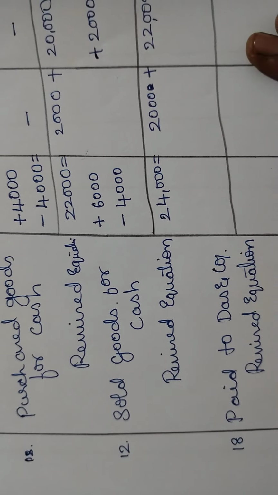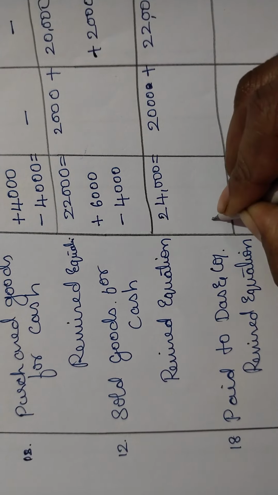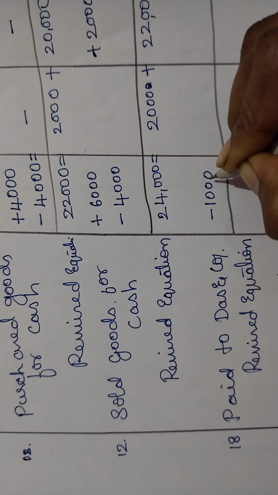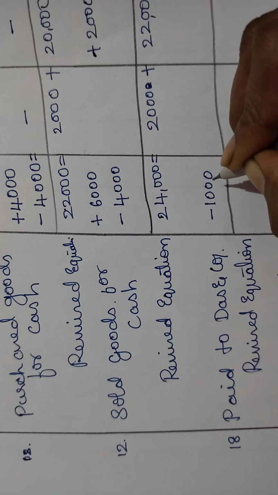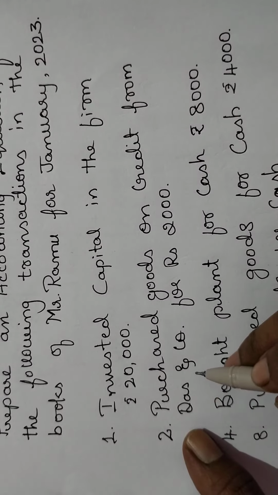The next transaction is paid to Das and Company in cash rupees 1,000. So we paid cash, that is a reduction in cash, and we had purchased from Das Company. Do you remember the Jan 2nd transaction?